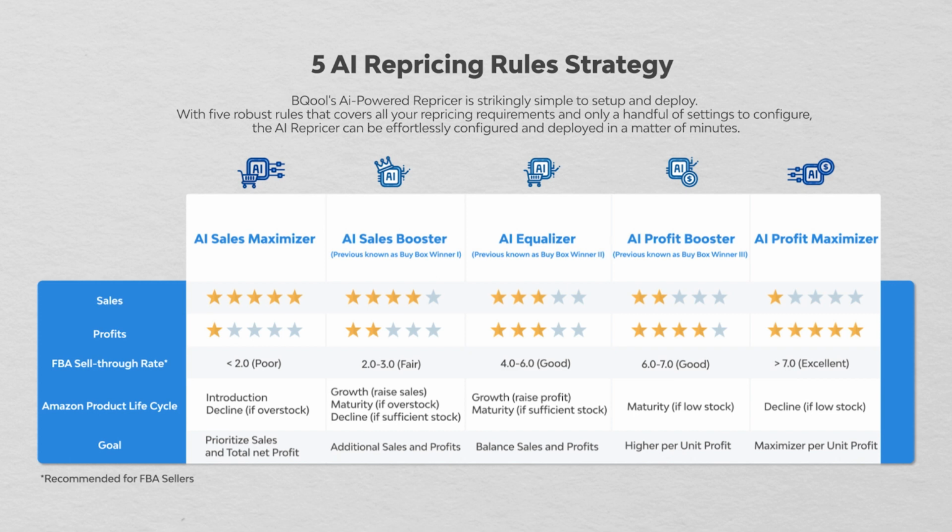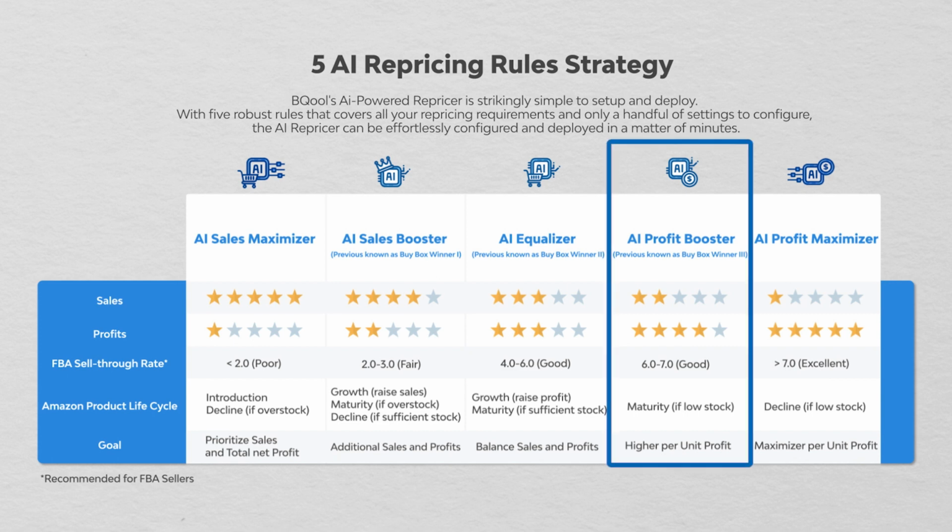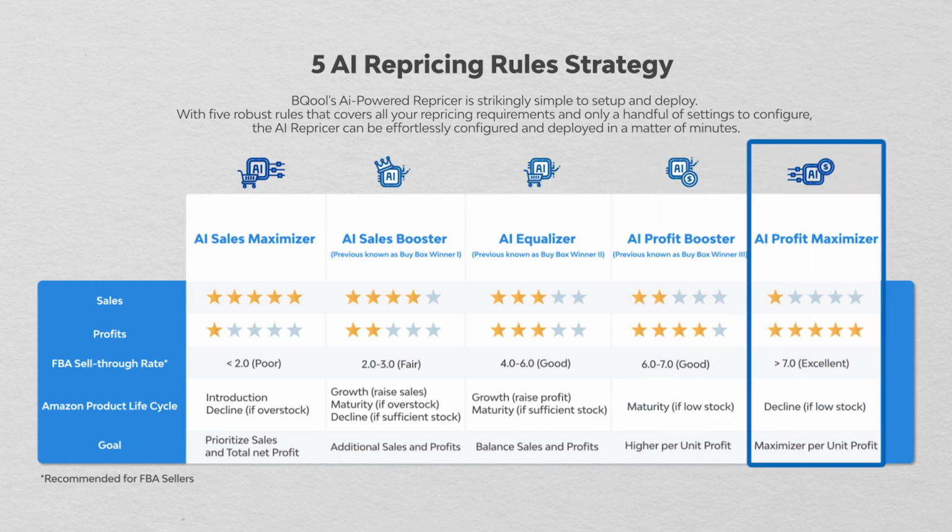So I might prioritize my profit more than my sales. Then I'll put it onto maybe a profit booster or a profit maximizer if this is going to be a hot product. This has a good bestseller rank, and this product would sell at a higher per unit profit. Then I would keep my products, and it would slowly sell off, but it's going to be selling out at a higher profit.